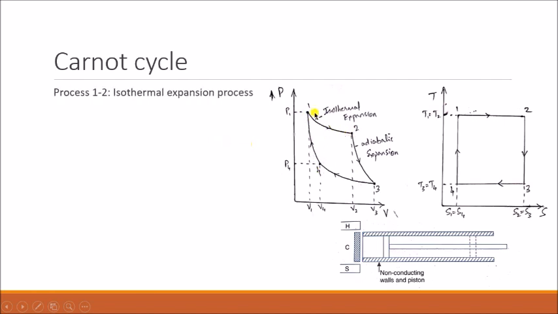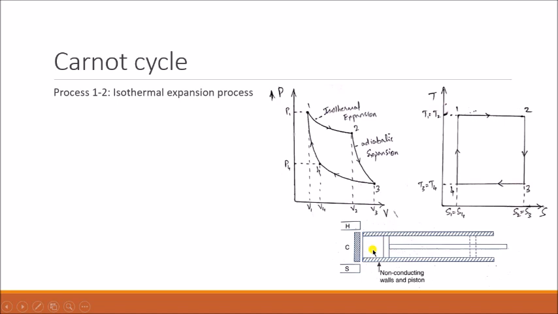The first process, process 1 to 2, is isothermal expansion. Initially the gas is filled inside the cylinder. We place the diathermic cover at the bottom of the cylinder and bring the hot body closer. The hot body supplies heat through the diathermic material into the gas.